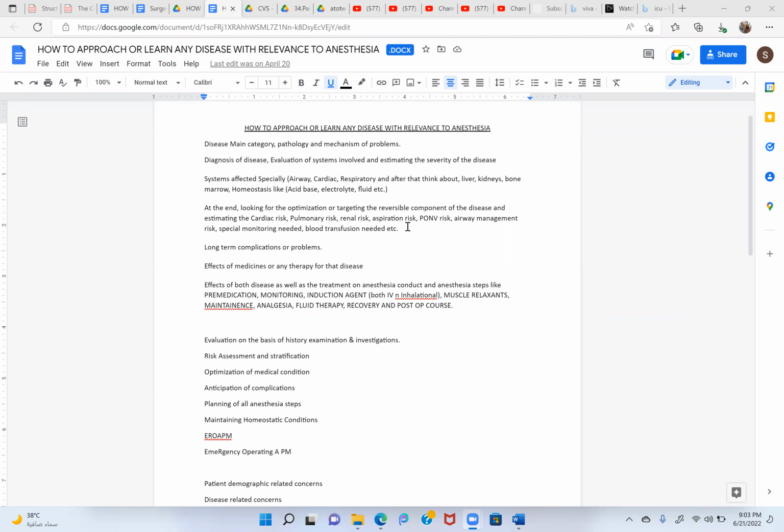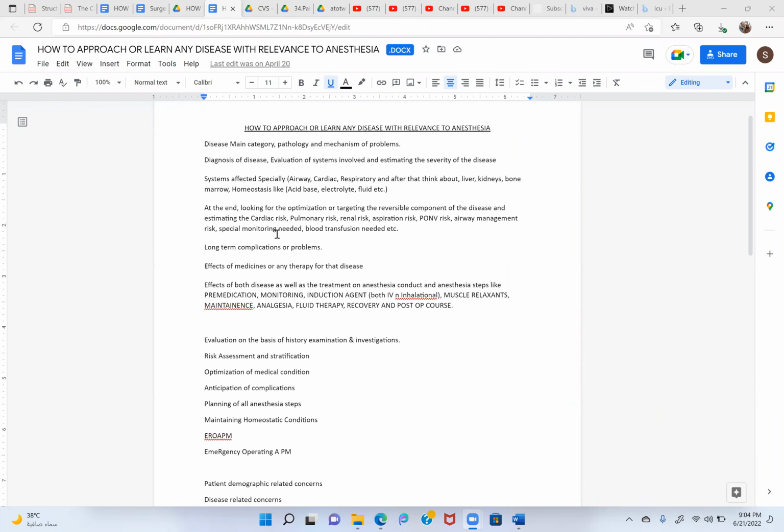Aspiration risk, as I told you. If it were a female patient, the risk of PONV would be even more. Female gender, opioid use, and certain surgeries carry more risk. Wherever there is involvement of the vagal nerve, there are more chances of PONV, so laparoscopic surgery is one of them. Airway management: I told you that because of glycosylation of joints, there may be problems in laryngoscopy and intubation.